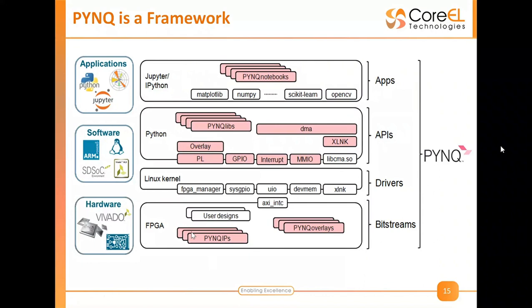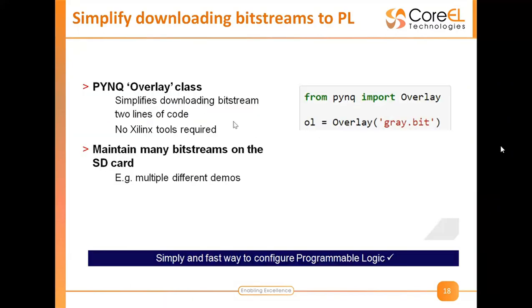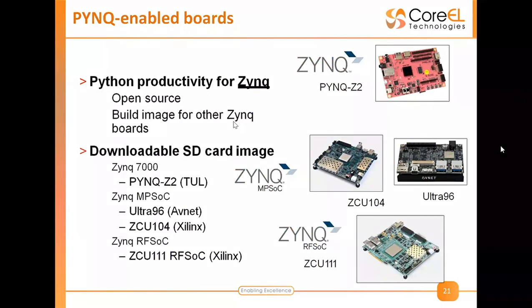Am I audible? Is this flow clear? Because it is very important. This is the actual thing that is happening on the board. So these are the different boards that are capable of doing this. This is a PYNQ Z2, the ZCU104, ZCU111 boards.